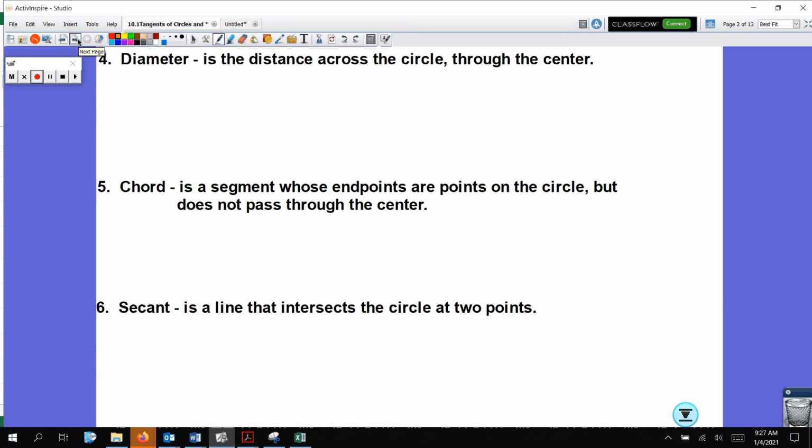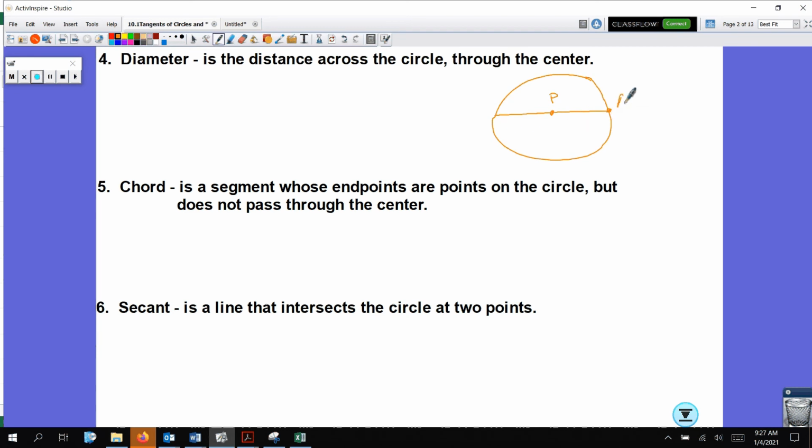All right, number 4, diameter, the distance across the circle through the center. That's the most important part. So here I have my circle, and please don't judge, you know how my circles are. Still has center P. Let's say here's my diameter, it goes through.